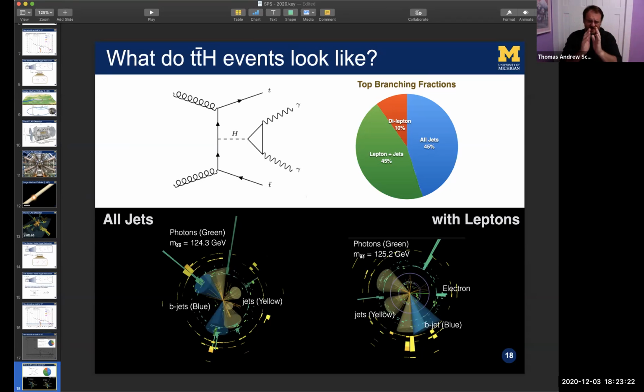The only reason we separate those two out is they have very different backgrounds, so we treat them differently. It's kind of a data analysis thing. What you see here at the bottom is those two types of events: ones where they have a lepton and ones where they don't. We separate those types of events out so we get a little better sensitivity. We can treat them separately.